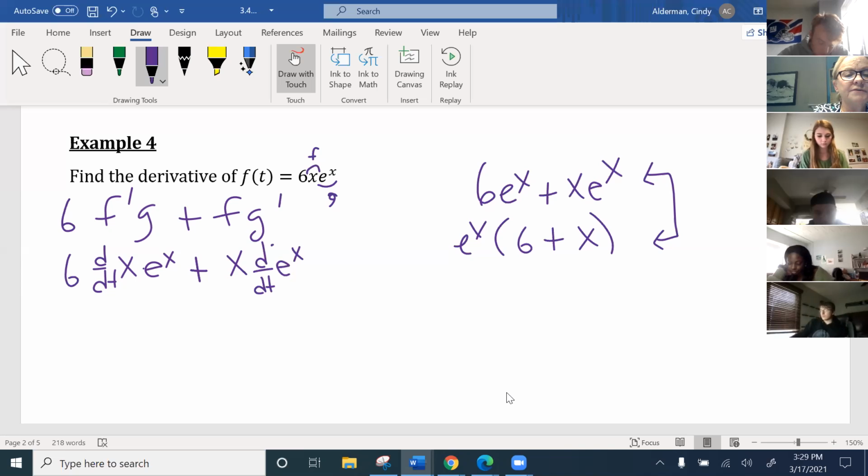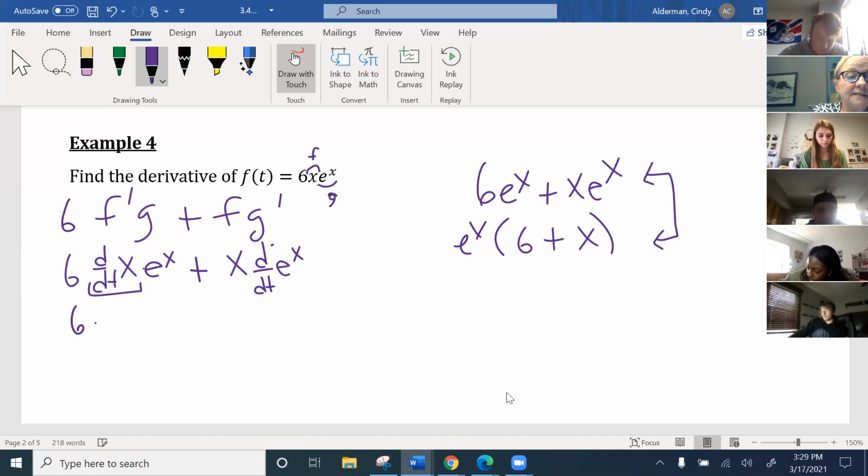So what's the derivative of x? What's this part? What's the derivative of x? 1. Yeah, it's just 1, right? Anytime a variable is all by itself, its derivative is 1.